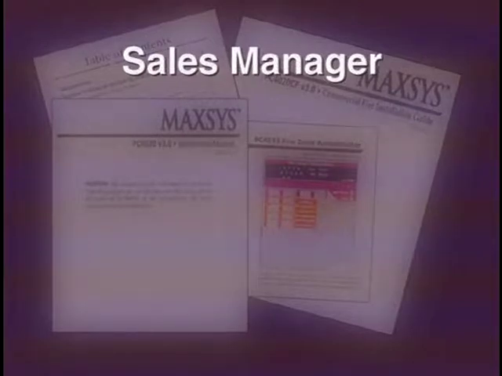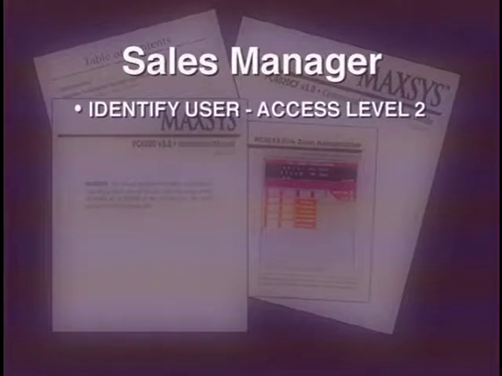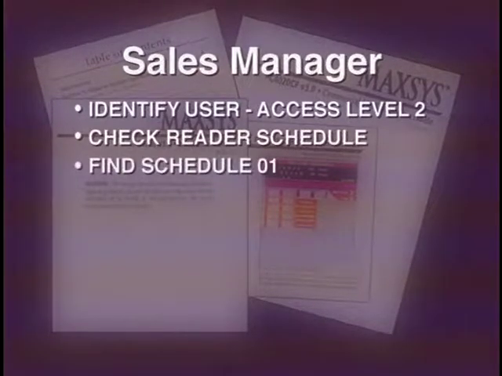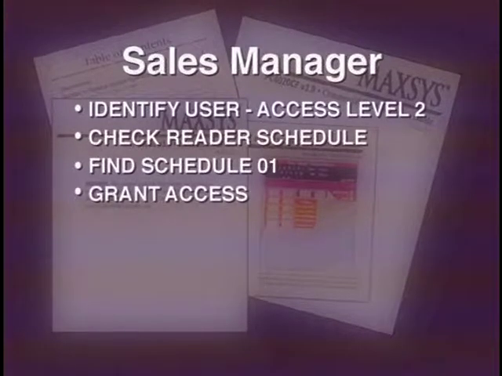If the sales manager presents his card at the front door, the 4820 will identify the user and check the access level. It finds that the user is access level 2. The 4820 module will then check to see which date schedule is assigned to access level 2 people for the front door. It finds date schedule 1 is programmed, which means always, so access is granted.